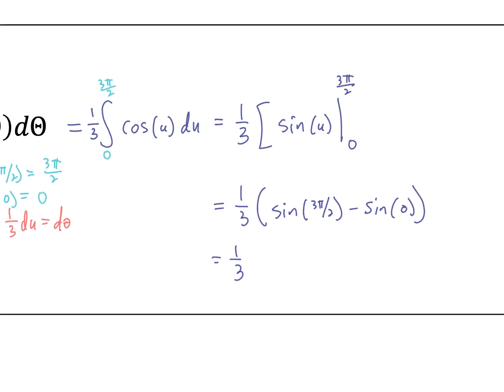Sine of 3 pi over 2 is negative 1. Sine of 0 is 0. And so this is just 1/3 times -1, so that's just -1/3.